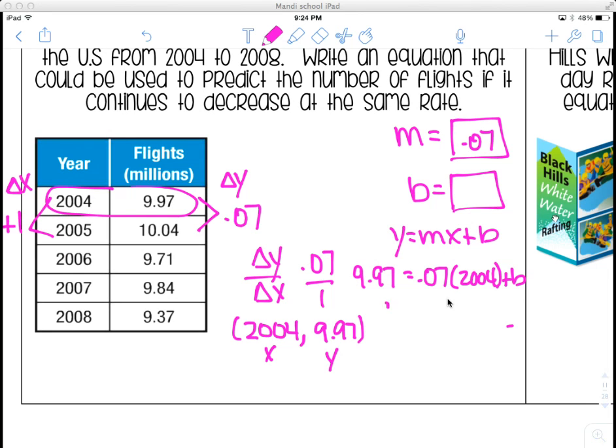Okay, so 9.97, 0.07 times 2004 is 140.28 plus b. Subtract 140.28 from both sides, and you get negative 130.31 equals b.